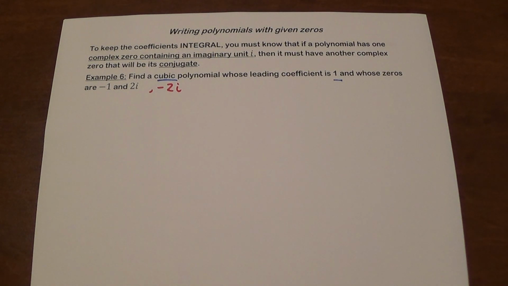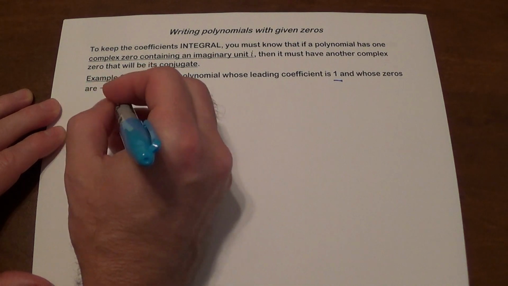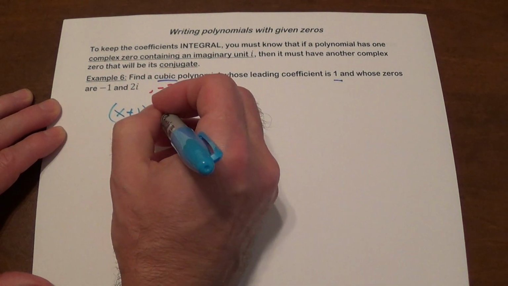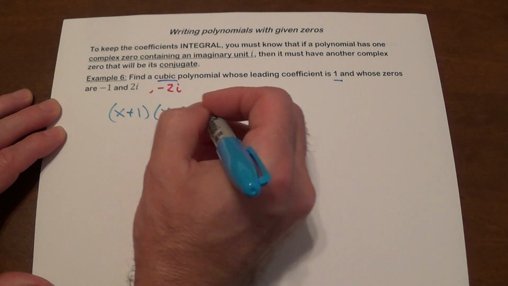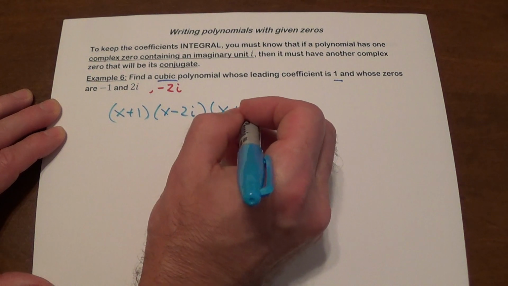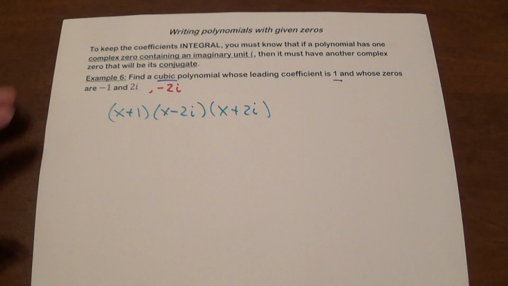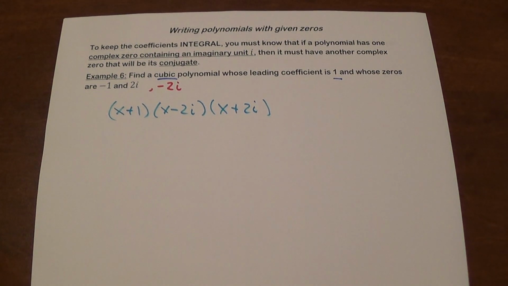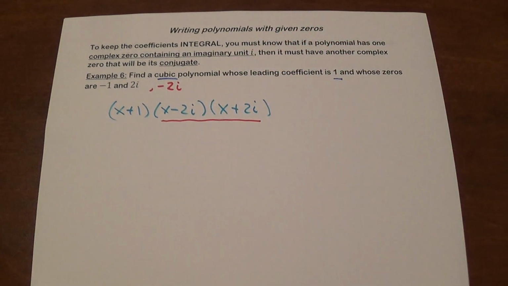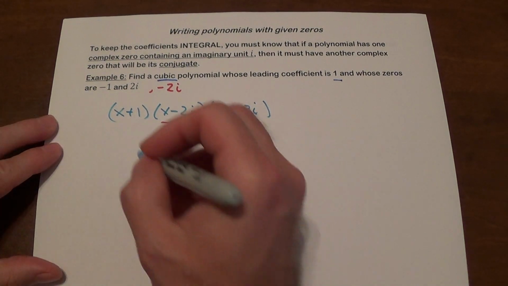So when we do that, we're going to do x minus negative 1, which is x plus 1, times x minus 2i, times x minus negative 2i, so x plus 2i. And I want to point out to you that, again, you're looking at a difference of two squares right here. And you want to multiply those first to make things go easy.